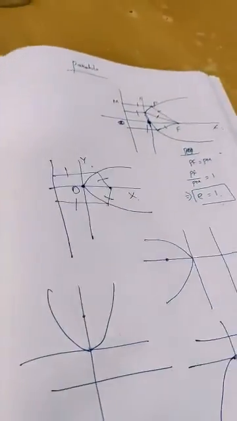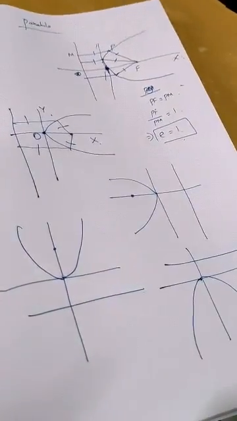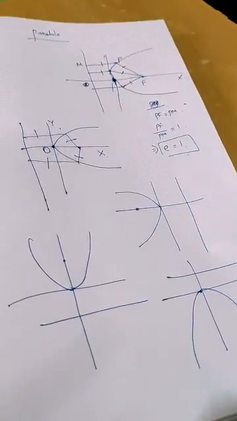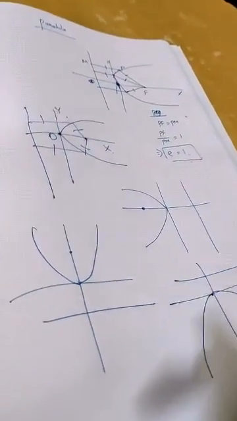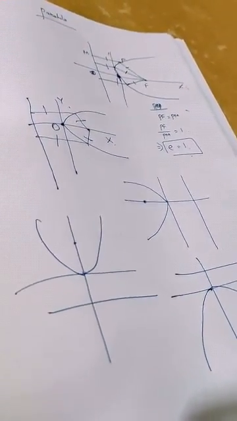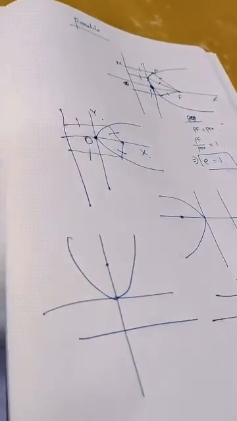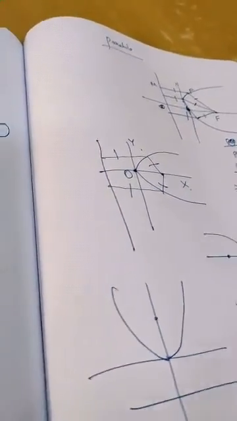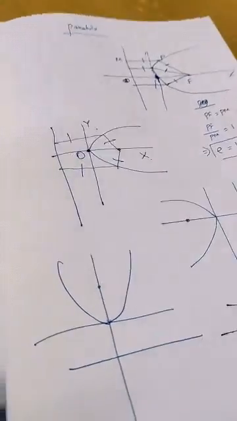You got my point? Now, what are the equations of the 4 types of parabola? What is the focus, the directrix, the axis? We'll discuss in the next class. Okay?